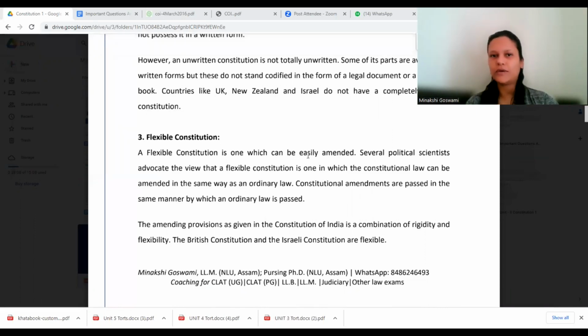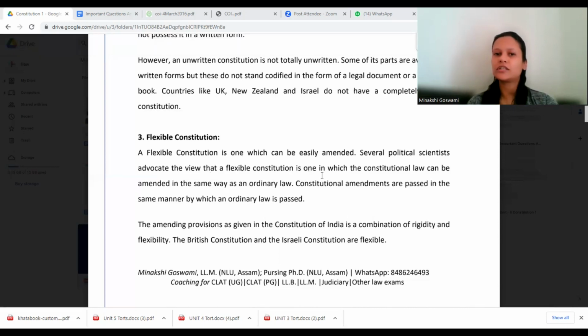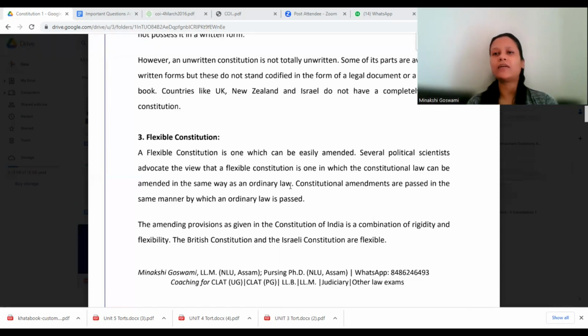Okay, so a flexible constitution is one which can be easily amended. It's not that difficult if we want to bring any changes in the provisions. Several political scientists advocate the view that a flexible constitution is one in which constitutional law can be amended in the same way as ordinary laws, just like other legislations, Contract Act, Partnership Act, how those legislations can be added, the same process will be followed in order to make changes in the constitution.